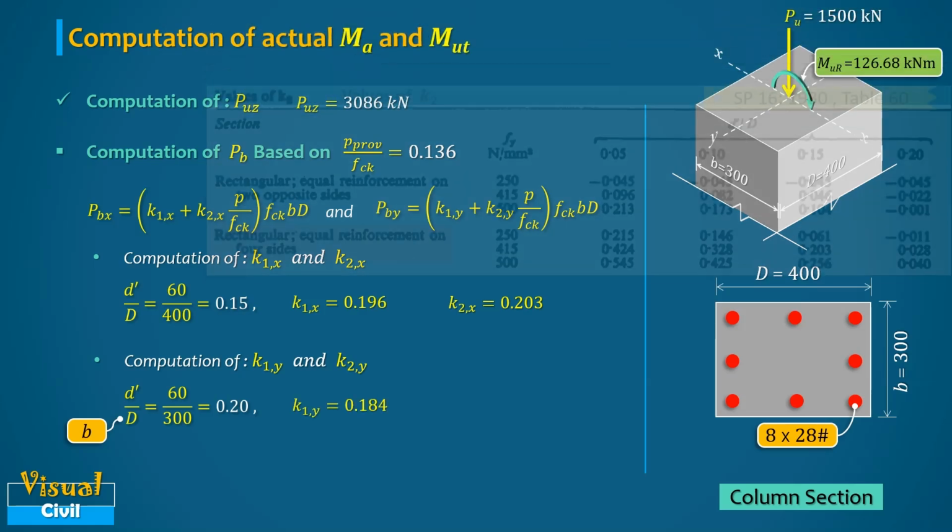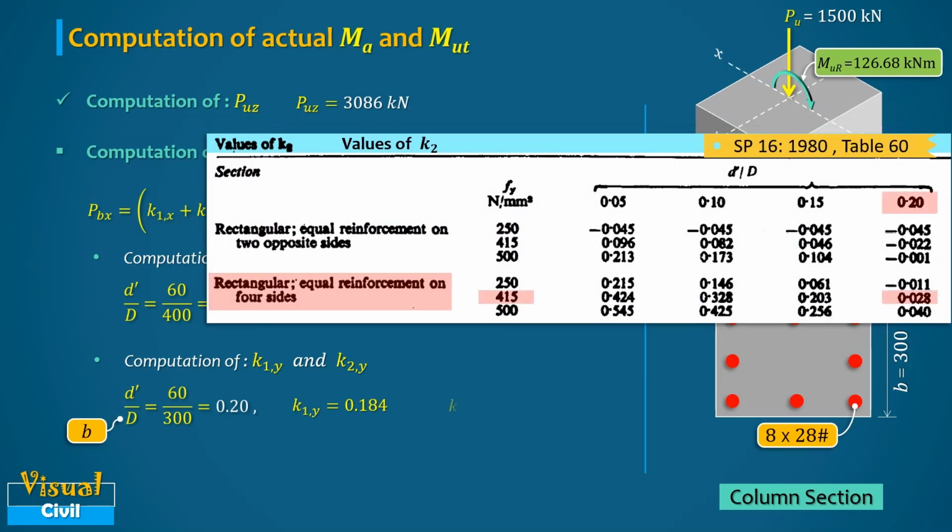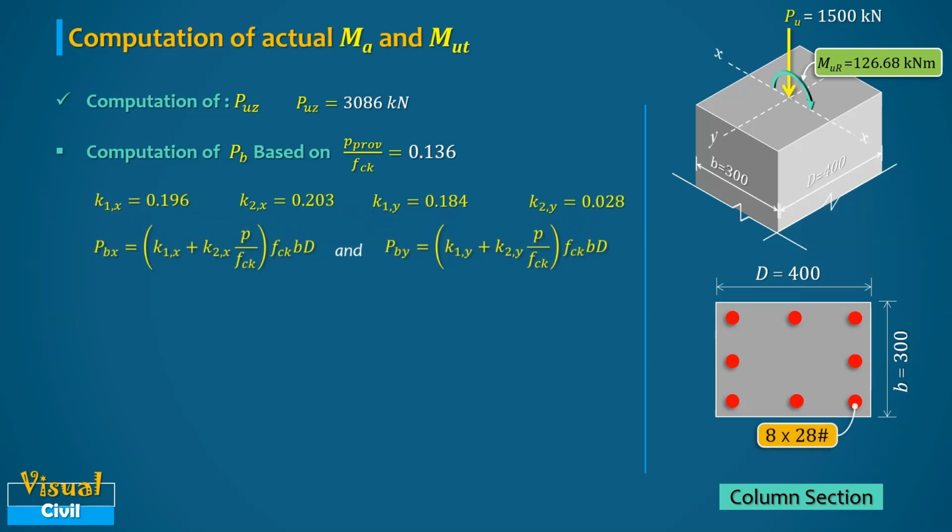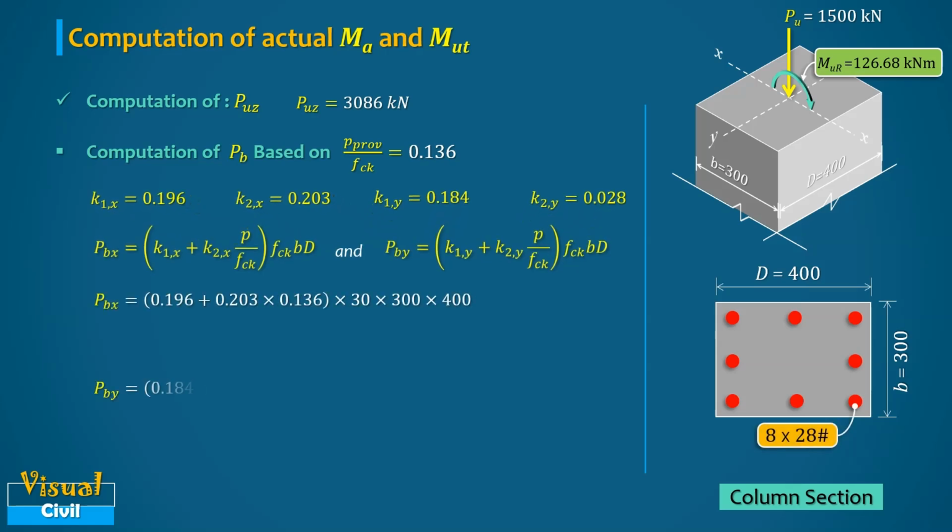Similarly, the value of k2y is 0.028. After putting all the values in the expressions of Pbx and Pby, we get Pbx equal to 805 kN and Pby equal to 676 kN.